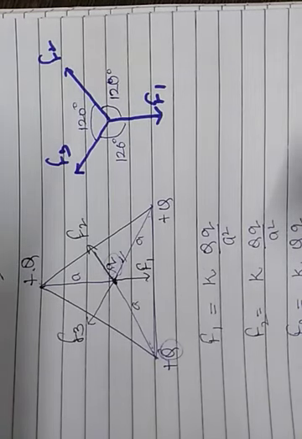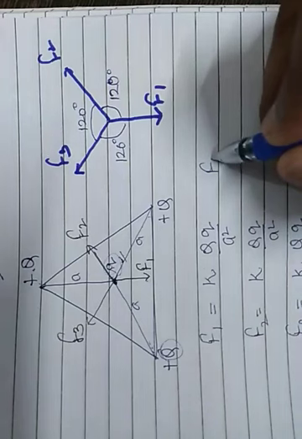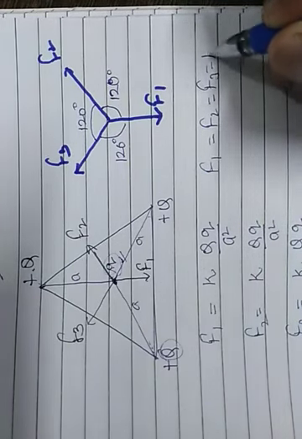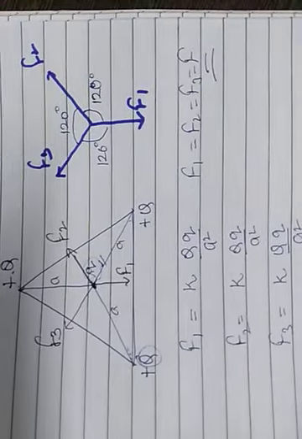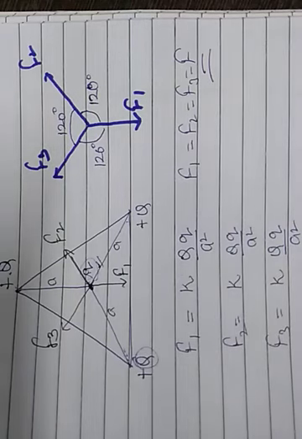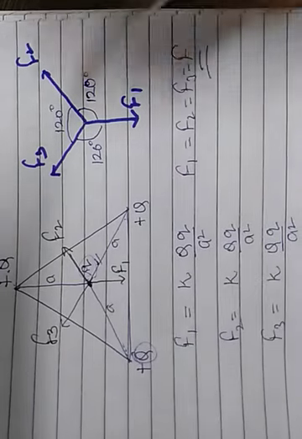The 3 charges are equal in magnitude. So F1 is equal to F2 is equal to F3, let it be equal to capital F. So all the 3 forces are now equal.